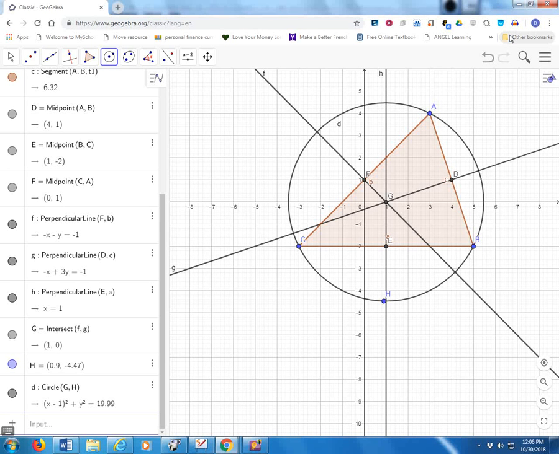This is why the circumcenter is equidistant to the vertices of the triangle, because those are the radii of the circle. Does that make sense? Yeah. So when you draw your circle in, this is just to illustrate that once I know the circumcenter, I know the distance from G to A, G to B, and G to C is the same.